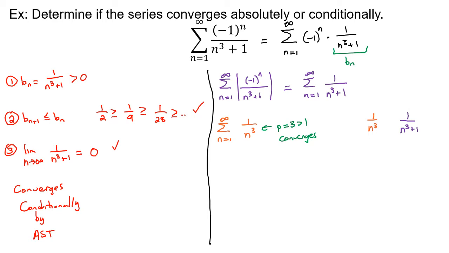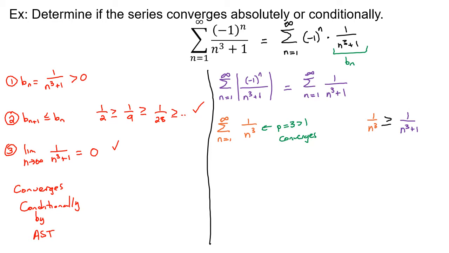So looking at your inequality, the one on the right, the 1 over n cubed plus 1, has a bigger denominator because you're adding 1 to it. And so a bigger denominator makes it be an overall smaller fraction. So we're going to have the 1 over n cubed be bigger than the 1 over n cubed plus 1, which is good. That means if the 1 over n cubed converges, it will push the other one down to also converge, which is exactly what we want to do.